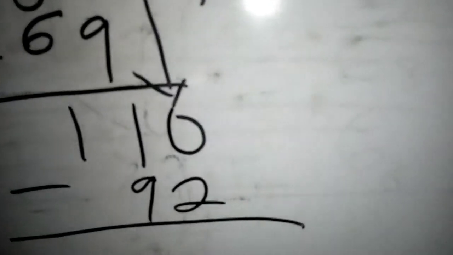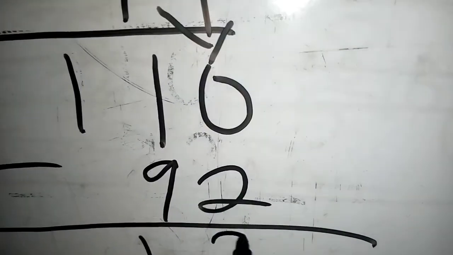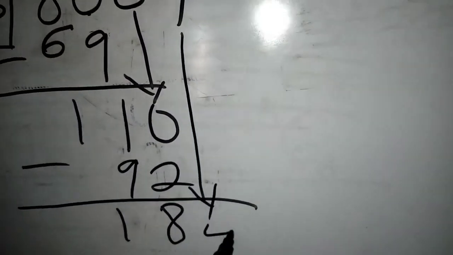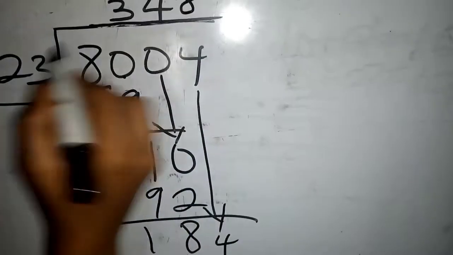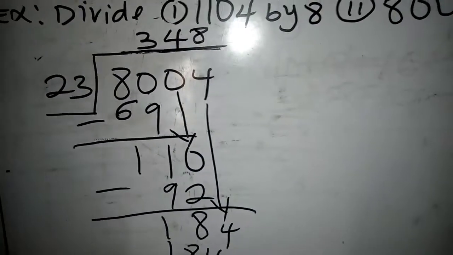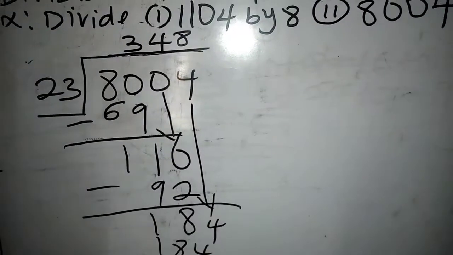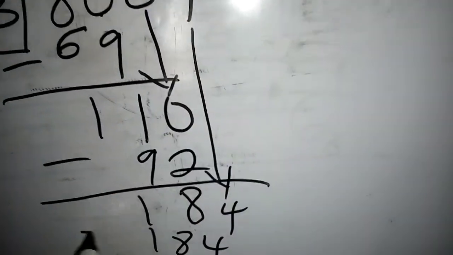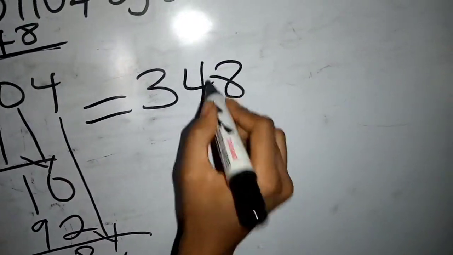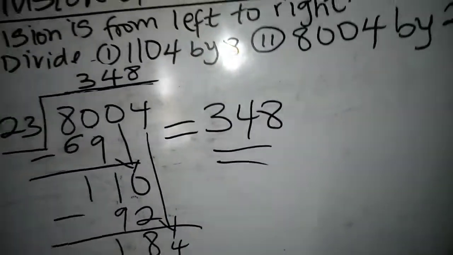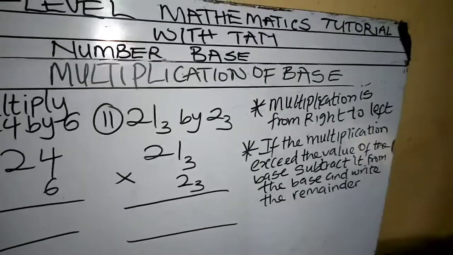Subtract, so 18. Then bring this 4 down. 23 in 184 is 8. 8 times 23 is 184. This is 0, because 184 minus 184. So the final answer is 348.